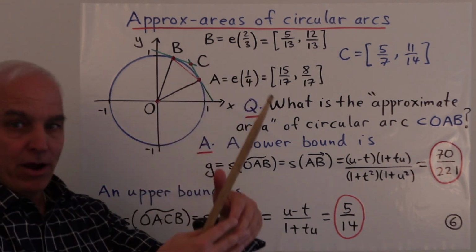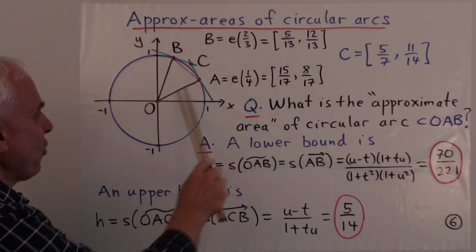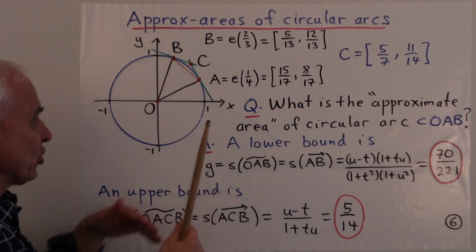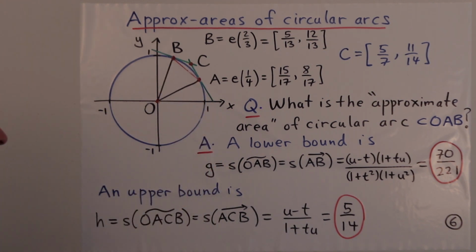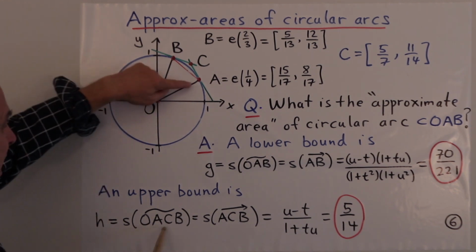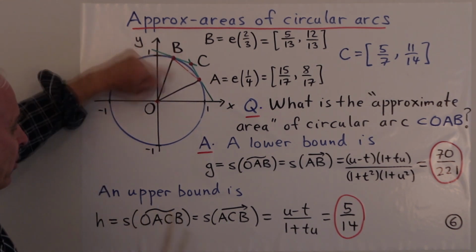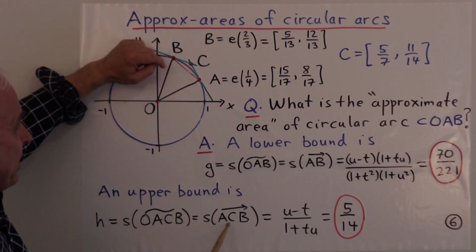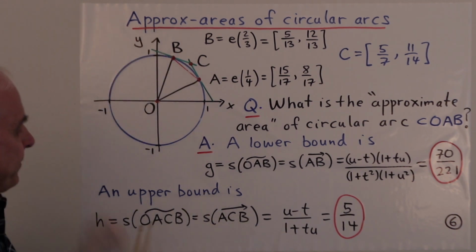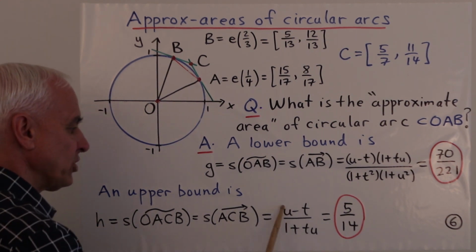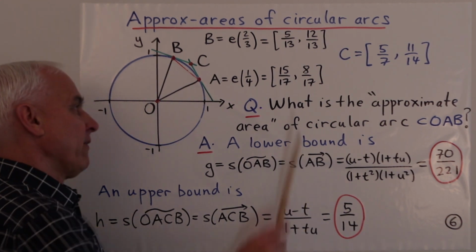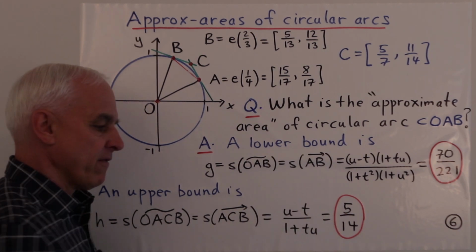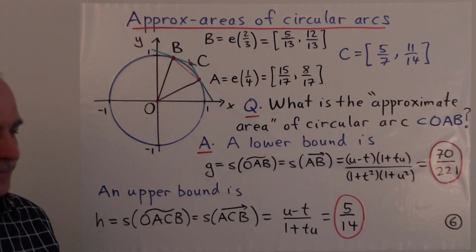Correspondingly, an upper bound will be this quadrilateral area, the circumscribed spline. That's the signed area of OACB, that quadrilateral, or in terms of just splines, the signed area of the spline ACB. We're calling that H. And the formula for that in general was (u minus t) over (1 plus tu). For these particular values, we're going to get 5 over 14.